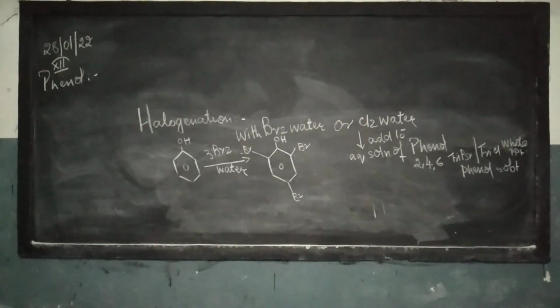The equation is phenol, on the arrow bromine water, and you are getting 2,4,6 white precipitate of tribromophenol or trichlorophenol. So students, this is the third reaction, halogenation.